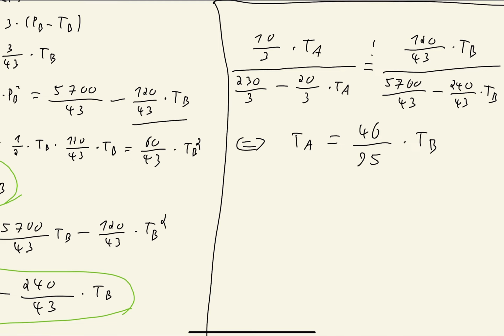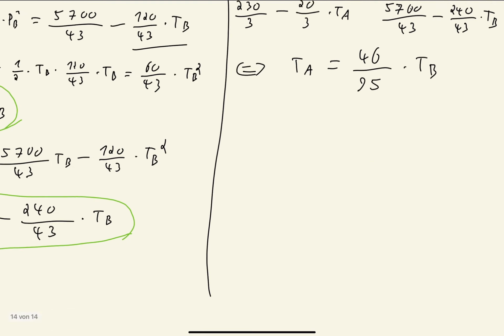And this is telling you that if you, for instance, have a production tax on bananas equal to €1, then the tax on the consumption of apples should be 46 divided by 95. Yeah, so this is the statement that you can make here. So this is only telling you the optimal ratio, but it doesn't tell you exactly what the exact amount of the taxes should be. So that's what we're doing in the next step.